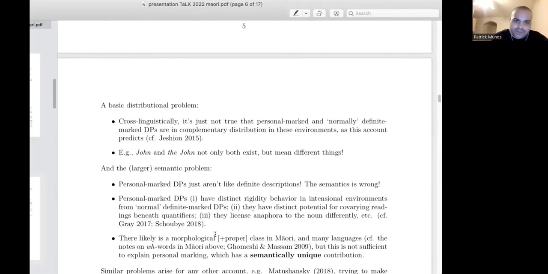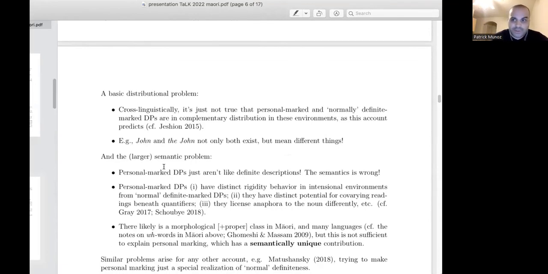This account still doesn't work, in my opinion, for two big reasons that I don't see a solution to. One is that it's based on an incorrect generalization, which is that this contraction of the article into the noun phrase is not obligatory in most of these languages. I don't know about Maori. I haven't found an example of that, but in all the other languages this is supposed to account for, it doesn't seem to be right. So, for example, as Jeshin has pointed out, in English, noun phrases like John and the John actually both exist, and they mean different things.